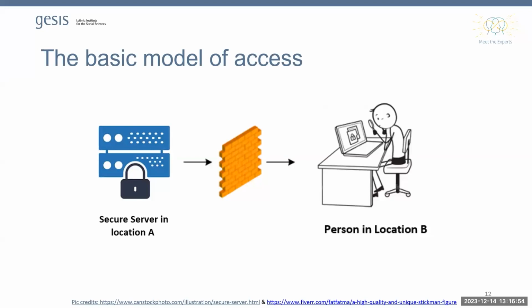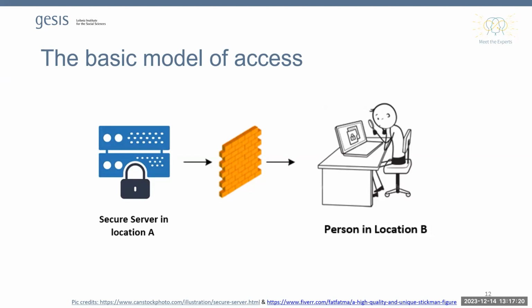Now, if this is completely new to you, this is a really simplistic view of what our model of access is. Essentially, regardless of the type of access route, you have your data which is stored on a secure server in location A, and that's usually the secure server in the institution that's providing access.